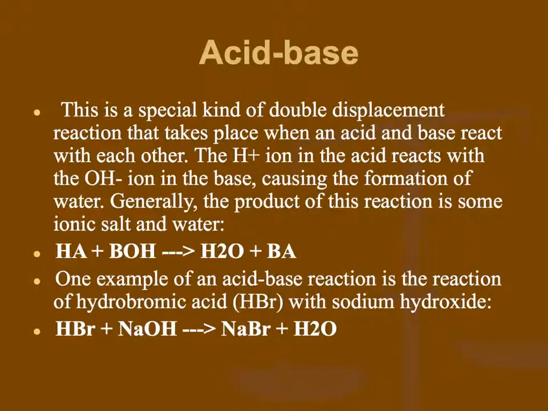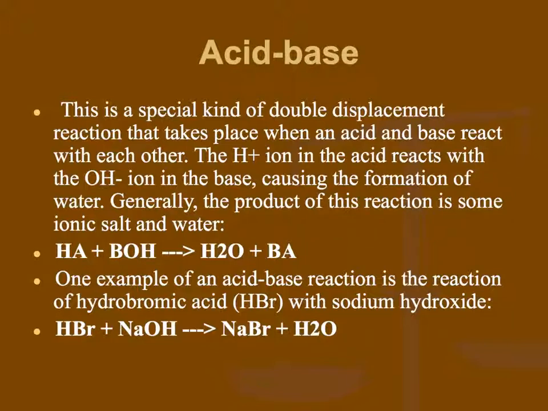Now our acid-base replacement reactions are a special kind of double replacement reaction where an acid and a base react with each other. To be an acid, a compound must begin with H, and to be a base, the compound typically has OH.